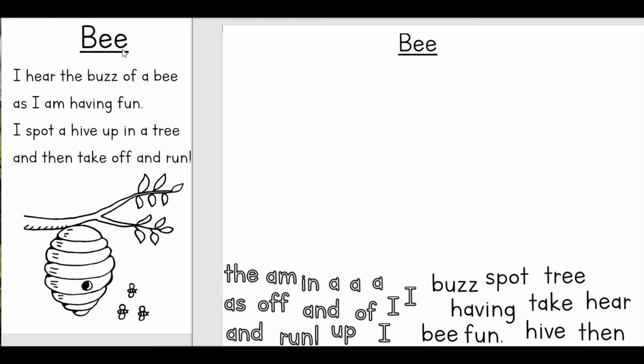So the first word that I need is I, and I is a sight word. Here is an I, so I'm going to start with I. Then I need the word here. Now, here is not a sight word. It is H-E-A-R, here.